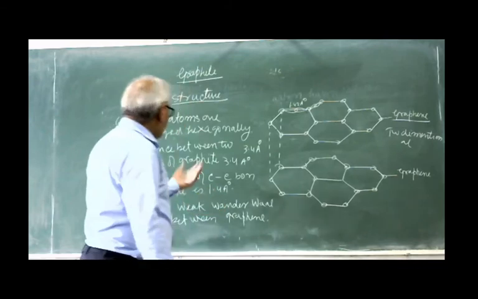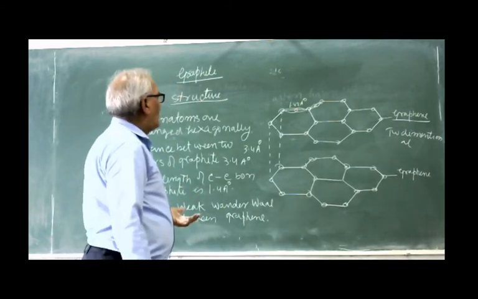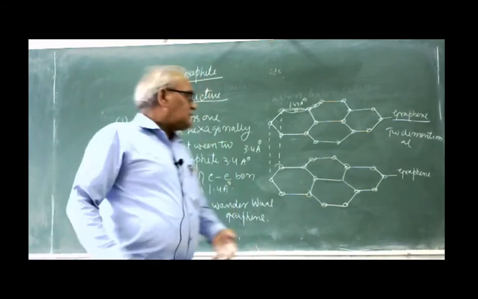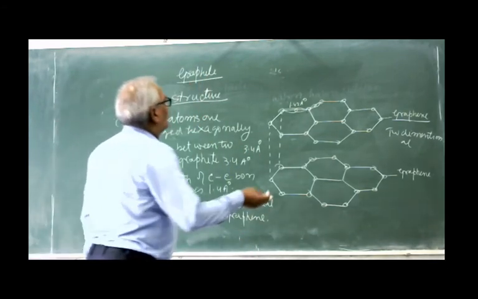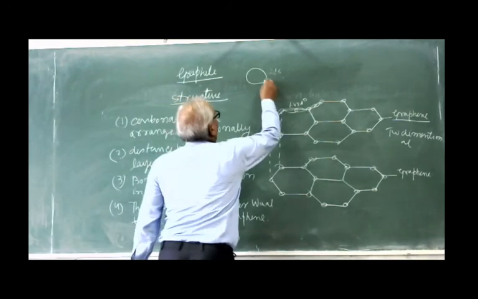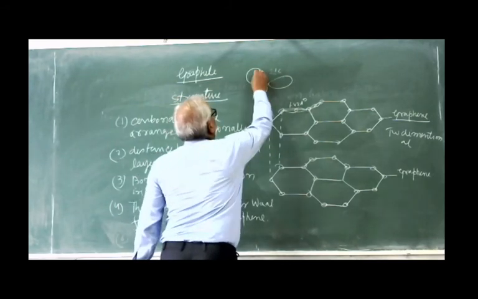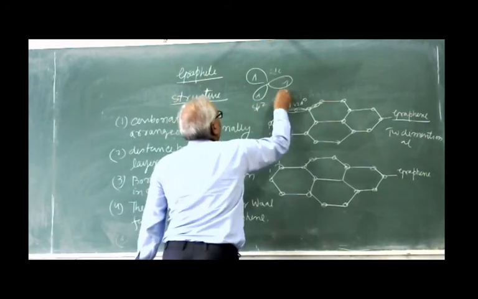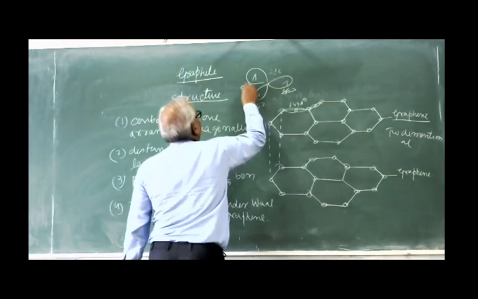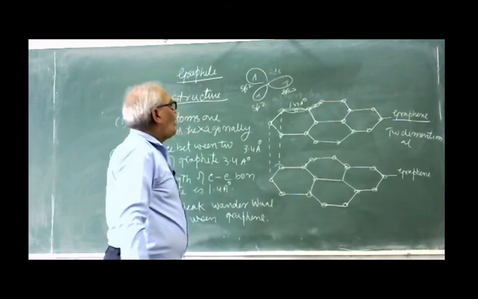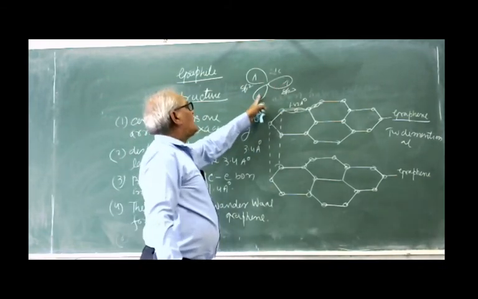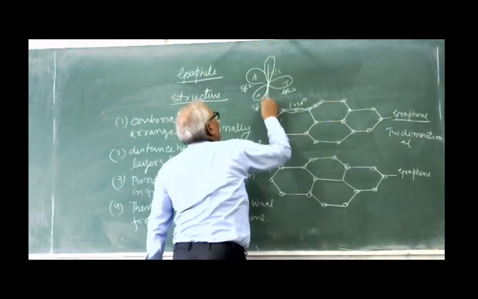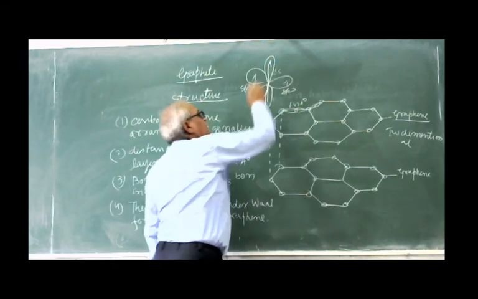Now second characteristic is the electrical conductivity. Just see here, I told you that these are the bonding sp2 hybrid orbitals. So it can form bond, it can form bond, it can form bond. But what about this? This p orbital is pure.